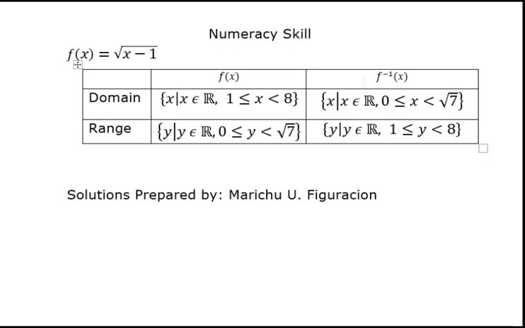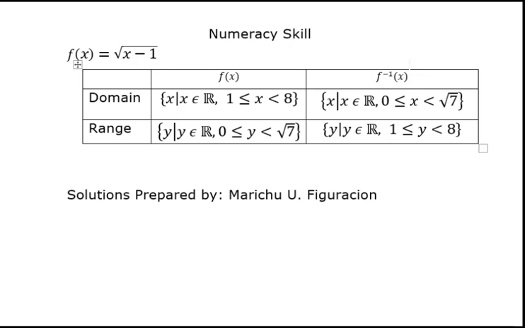Next, how do we find the domain and the range of its inverse? Simply take the range of the given f of x, and that interval should be the domain of f inverse of x. Here the domain will contain all real numbers x such that 0 is less than or equal to x and x is less than the square root of 7.